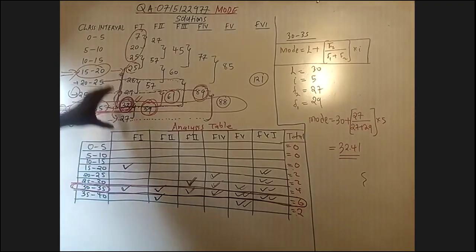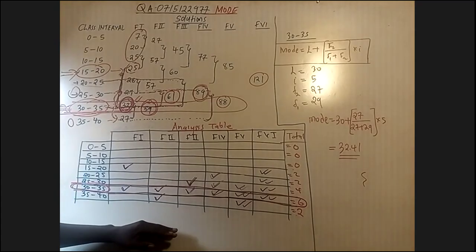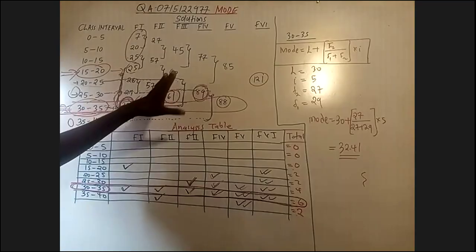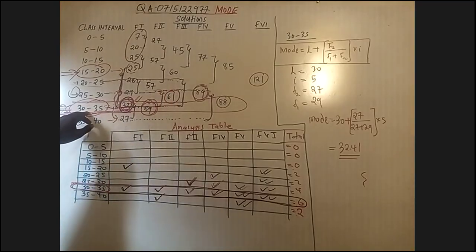So you are not limited. Even if the question looks like this, you are not limited to use the analysis table. You can use the analysis table in any kind of question. That one is okay, right? But in case you find it in an exam, or a class test, use the analysis table, because the other one by observation is hard. Unless the max is small. If you see the max is one or two, use the observation by locating the mode and say it lies between 30 to 35.